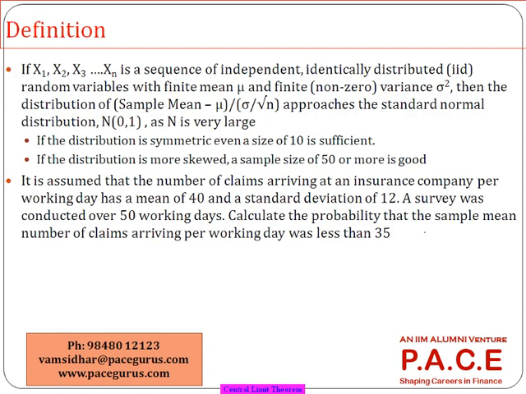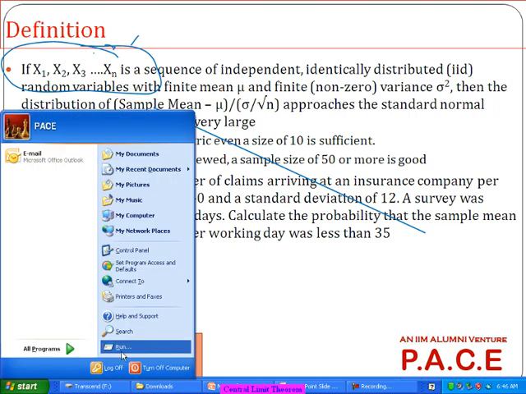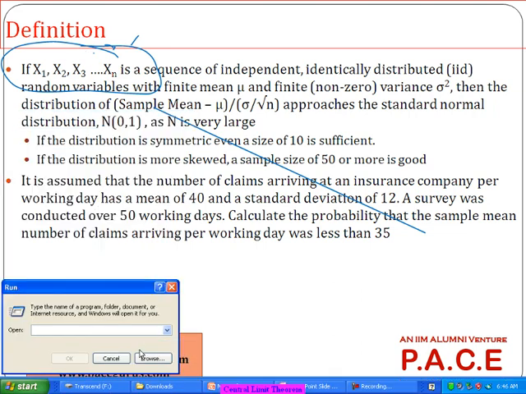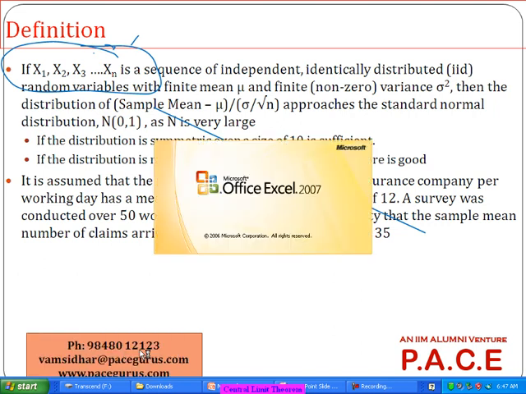What it is saying is, if you look at various random variables x1, x2, x3, which are nothing but, let's say, a data. Let me show it to you.